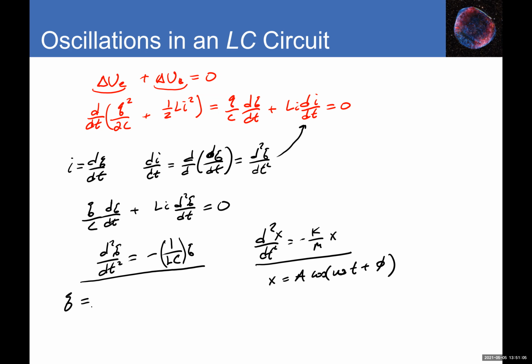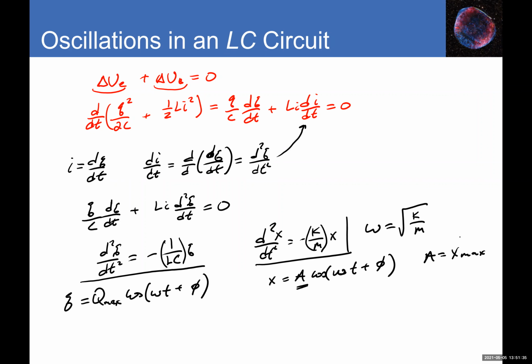Remember, A represents the maximum displacement technically, so here we have the maximum charge, q max, times cosine of omega t plus phi, where omega for simple harmonic motion was the square root of the constant in front of x. That means this was the square root of k over m.